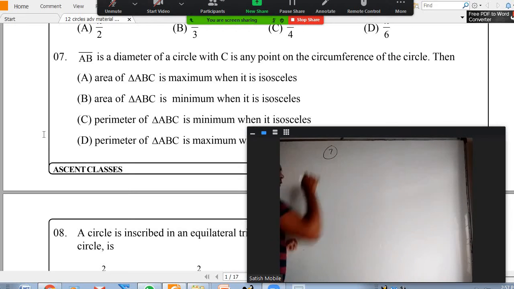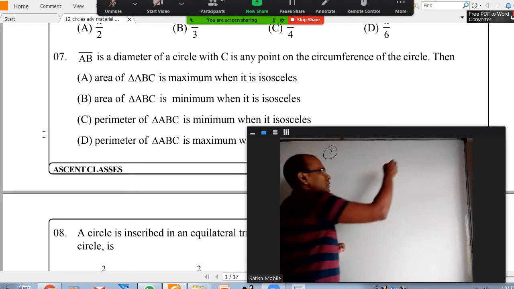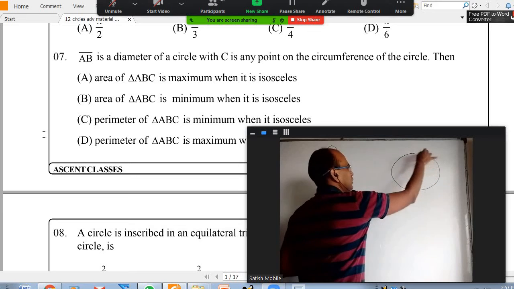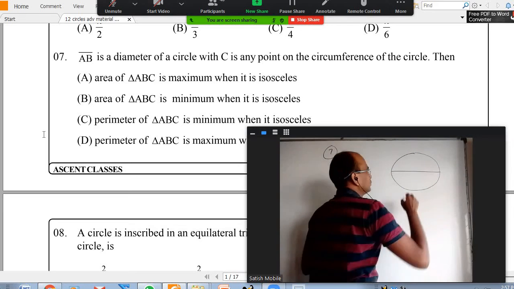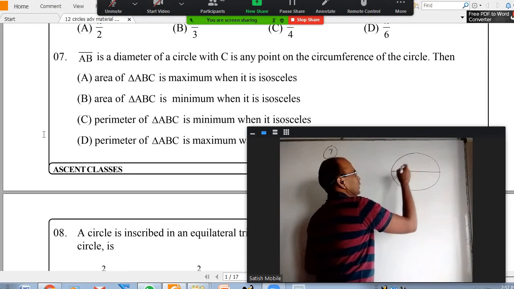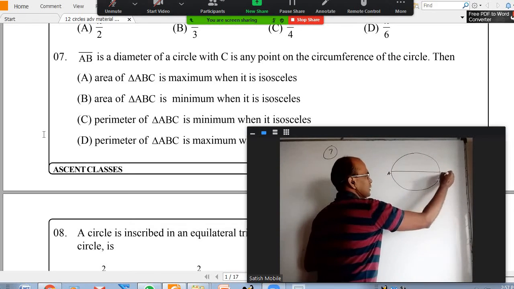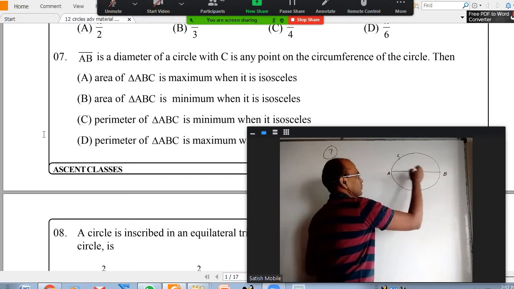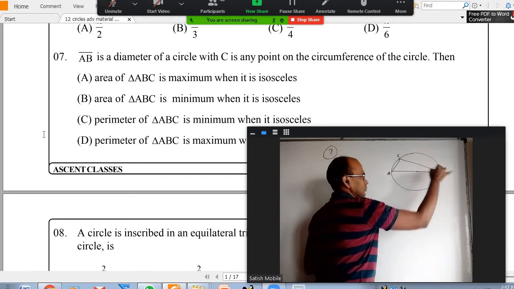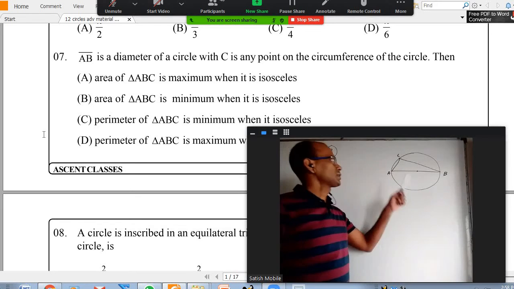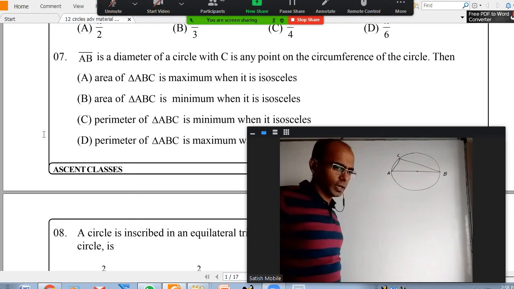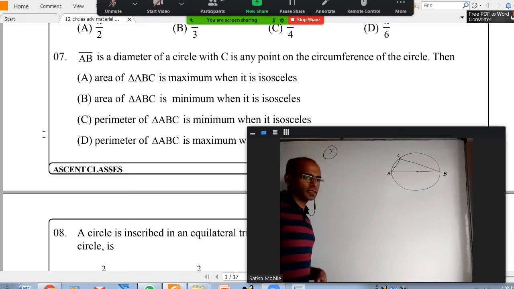Seventh, I think from the figure we can do very easily, at least about area and perimeter. This is A and B, let us say, and C is somewhere here. As C changes, the area of this triangle changes, and the perimeter changes.